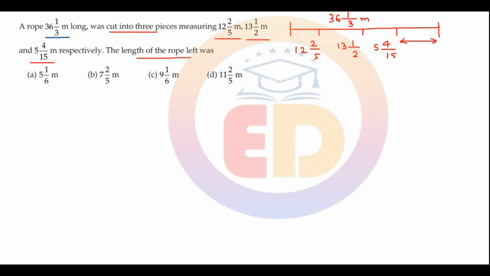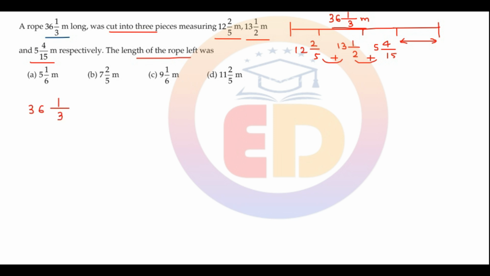This is the question. And to find out this, you have to add the 3 parts which we have cut from the rope, and then subtract the sum of these 3 parts from the total length of the rope. The format of the question will be: we have to subtract the sum of the 3 parts from the total length of the rope, which is 36 whole 1 upon 3.